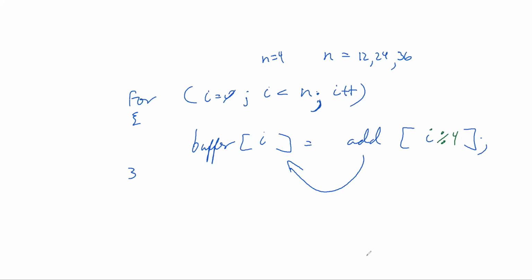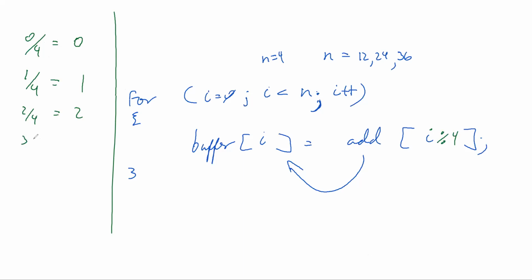So if I go from 1 to 24, let me just do one example. 0 mod 4 is going to give you 0. Then 1 mod 4 gives you 1. 2 mod 4 gives you 2. 3 mod 4 gives you 3, but then when you do the next one, 4 mod 4 is going to give you 0.